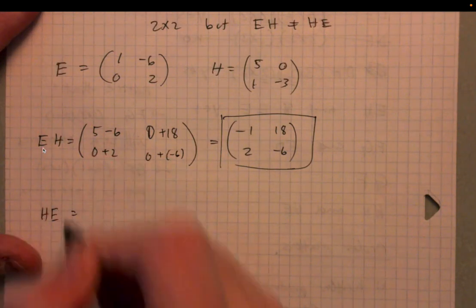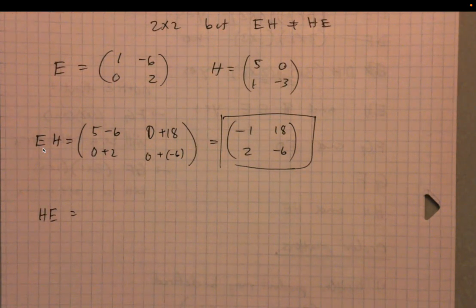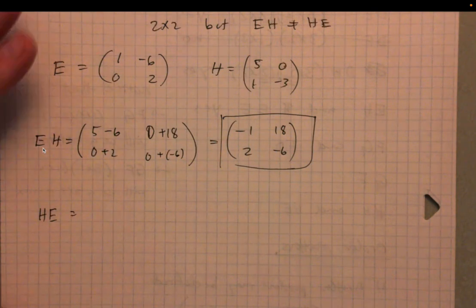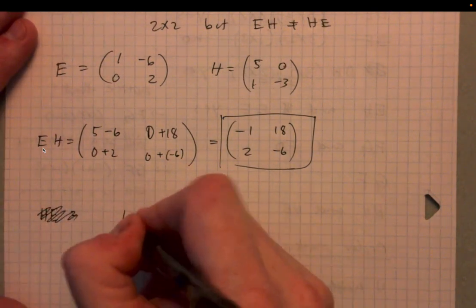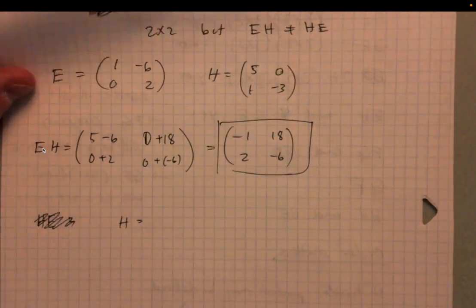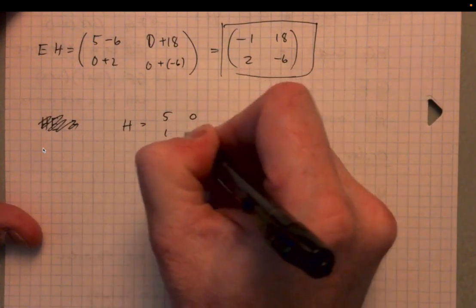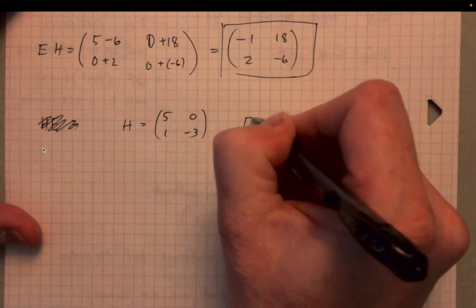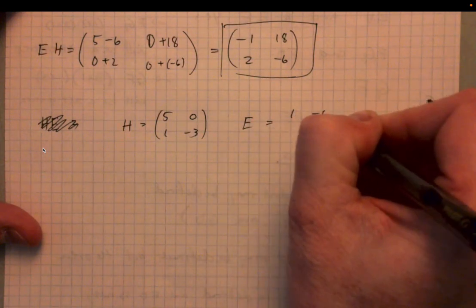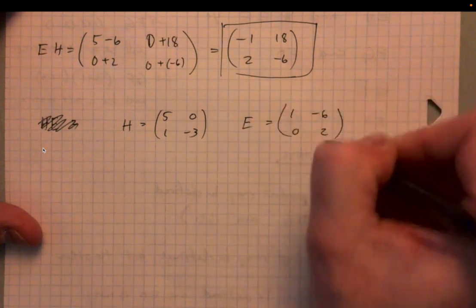Well, it's not going to be the same thing, right? It's actually helpful to rewrite the matrices. Let's rewrite them here. So H is equal to 5, 0, 1, negative 3, and E is equal to 1, negative 6, 0, 2.